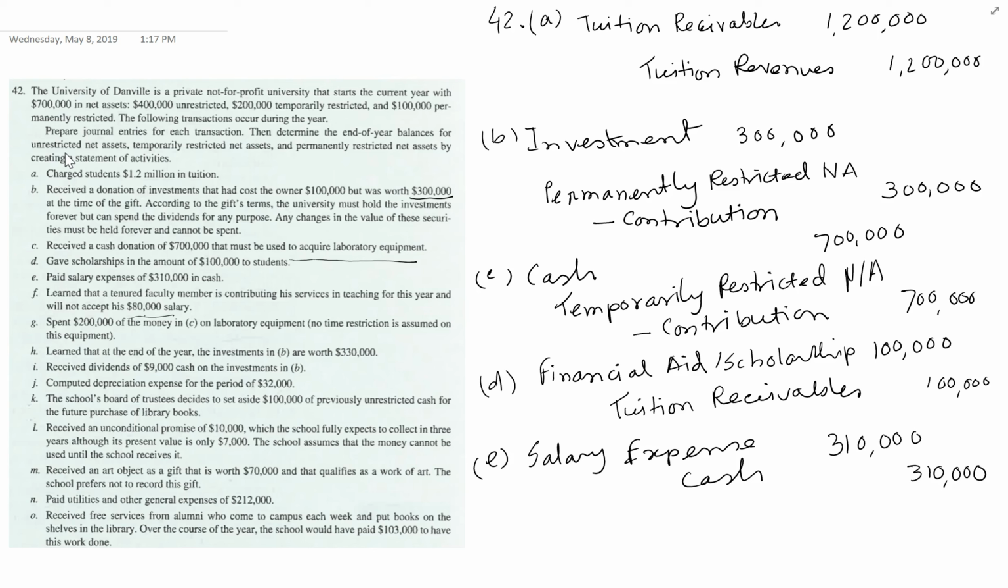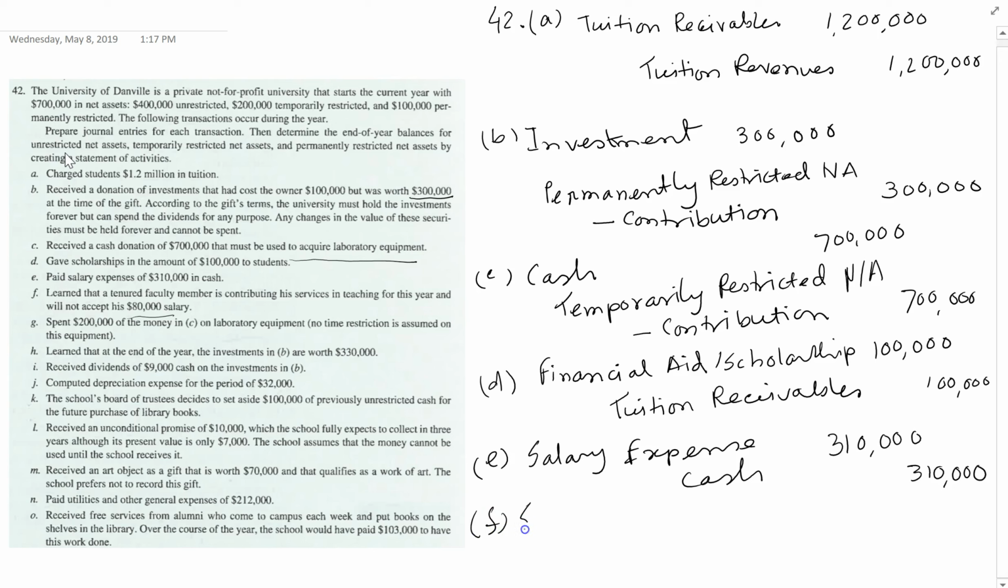The professor or the employee is making a contribution to the university through his service. So what we're gonna do, since the university received his teaching services, they need to record the expense. That means they are incurring the salaries expense. They need to debit salaries expense, but since they are not paying cash, it will be considered as a contributed service, and definitely that will be through unrestricted net assets. So I am trying to fit it here.